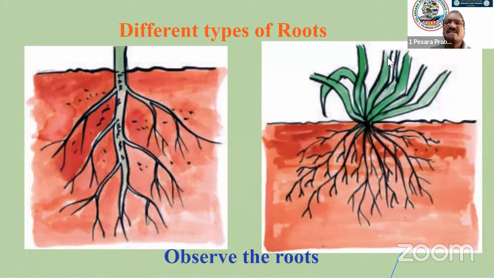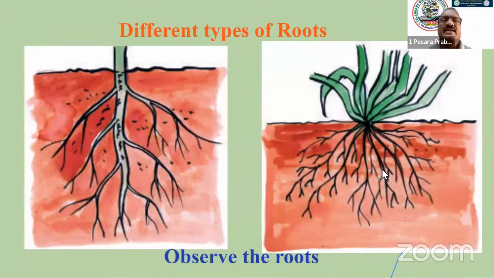No problem, we will discuss later. Okay. So, these two root systems are not similar. Okay, Aishwarya and Sanjana, very good. Two are different. Okay, right.